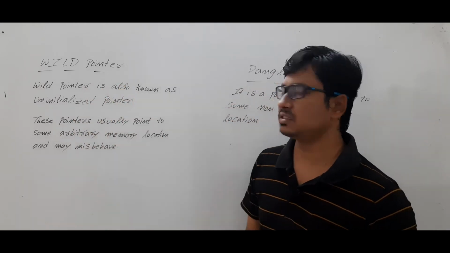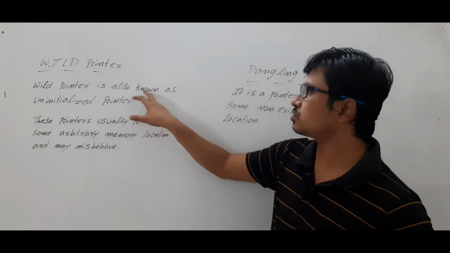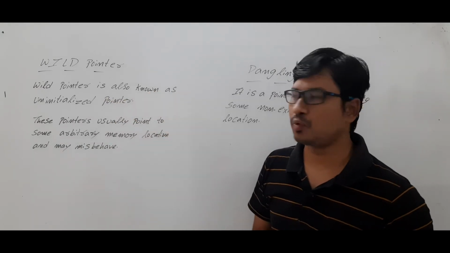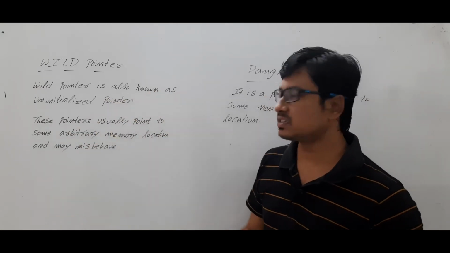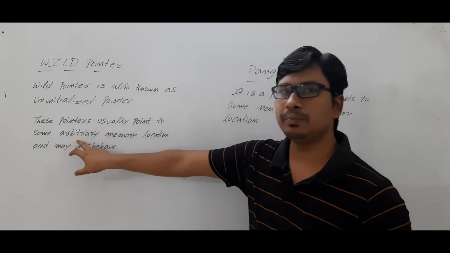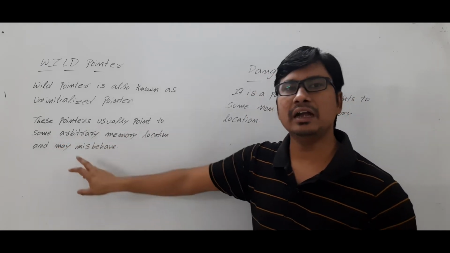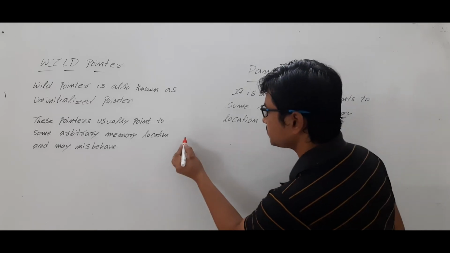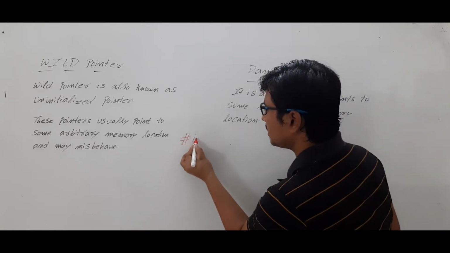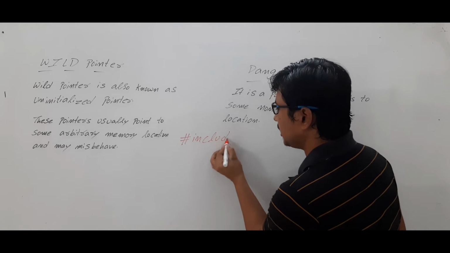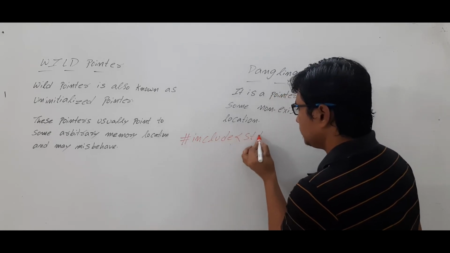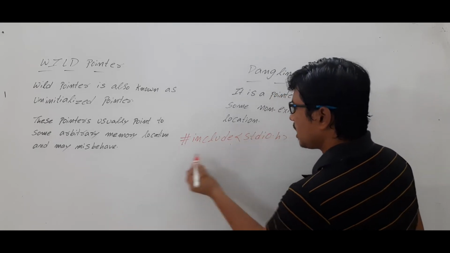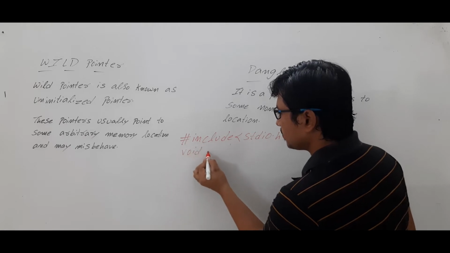So let me discuss these points. A wild pointer is also known as an uninitialized pointer. These pointers usually point to some arbitrary memory location and may misbehave. Let me discuss a small example for you. You have written #include <stdio.h> and void main.